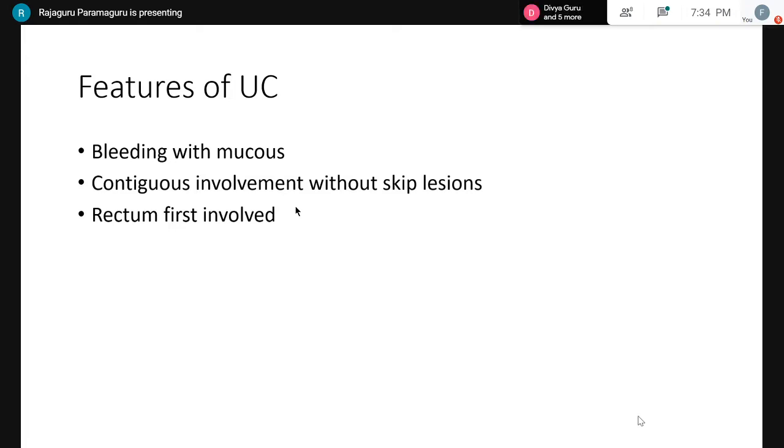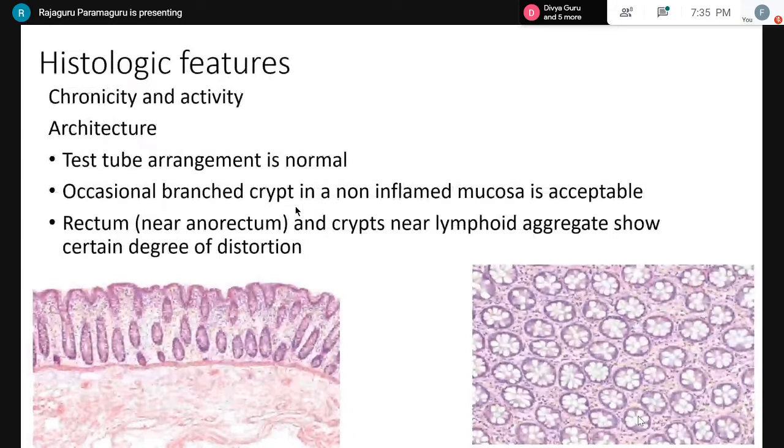So when it comes to histological features of IBD, diagnosis of chronicity and activity is important. The normal architecture of the colon is like a test tube arrangement, where the crypts are arranged parallel to each other, and they are perpendicular to the muscularis mucosa, which is seen over here.